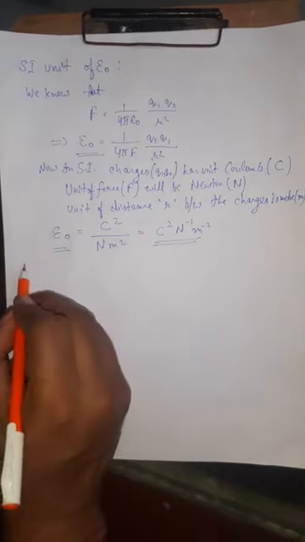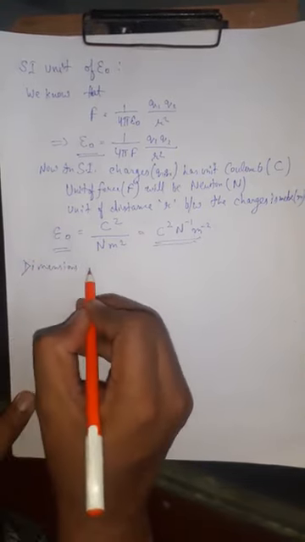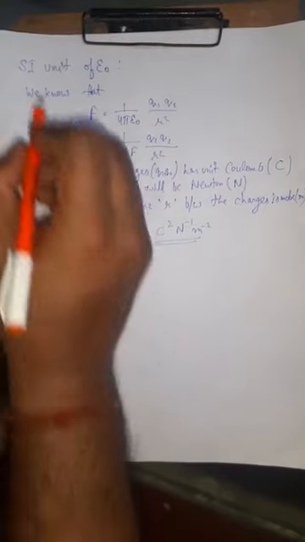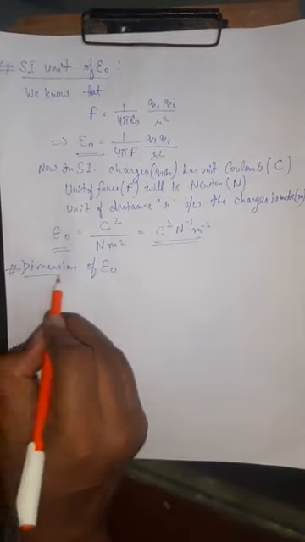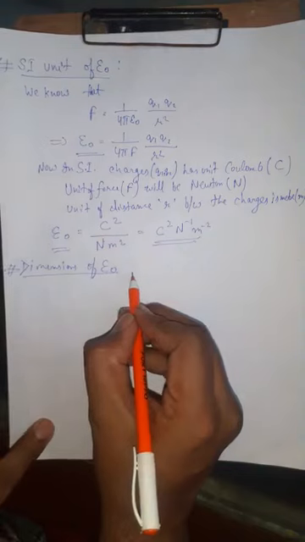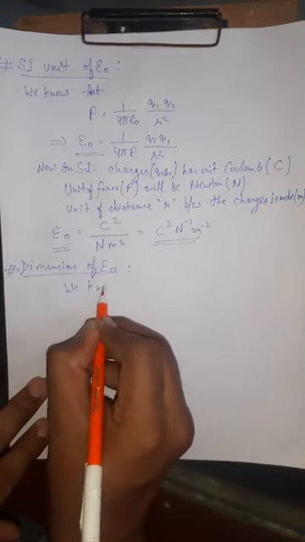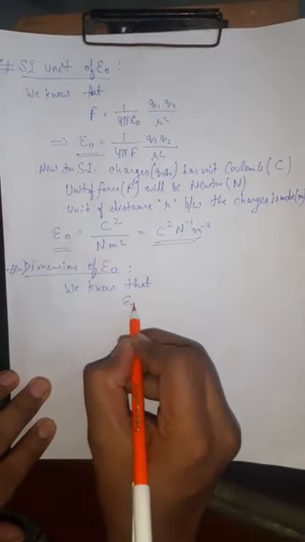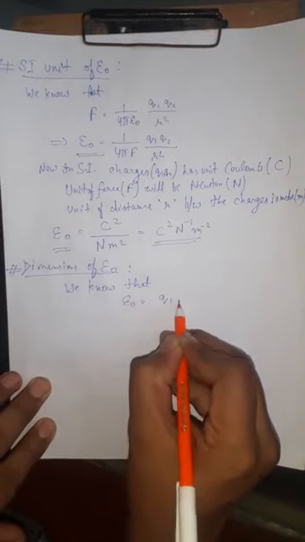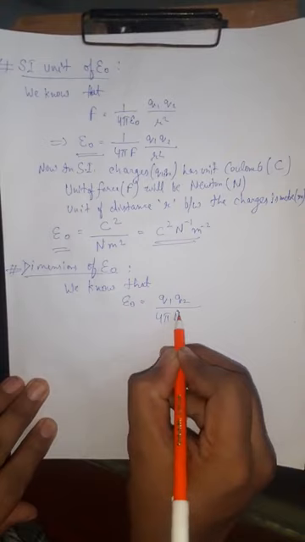Now we will find the dimension formula of epsilon naught. So we know that epsilon naught is equal to Q1 Q2 over 4 pi F R square.